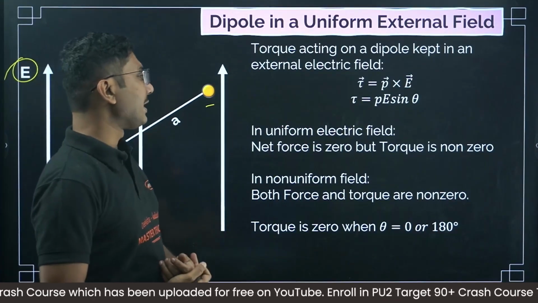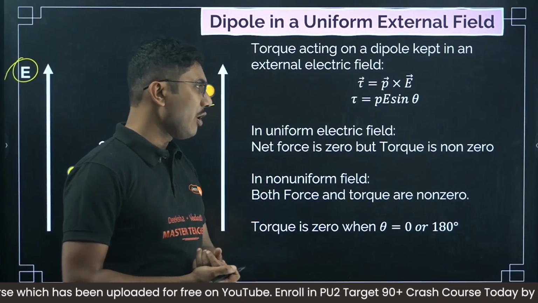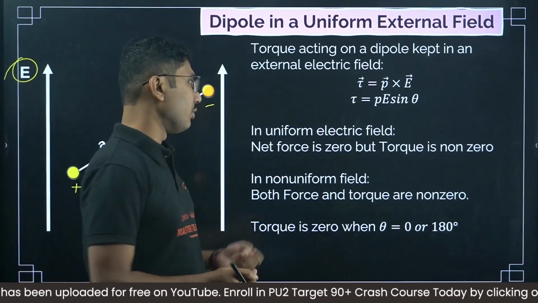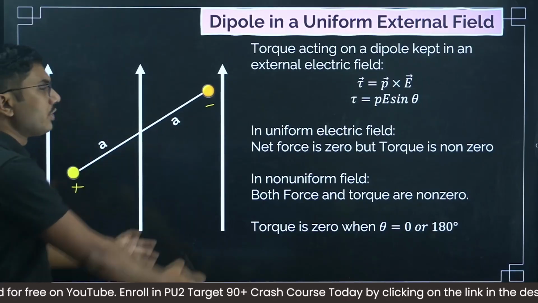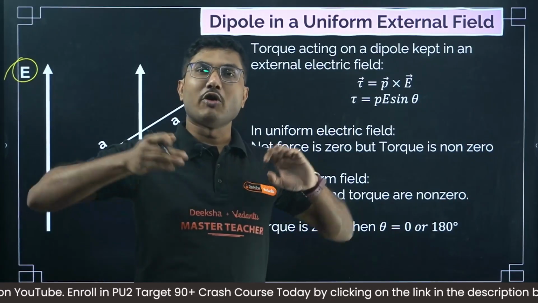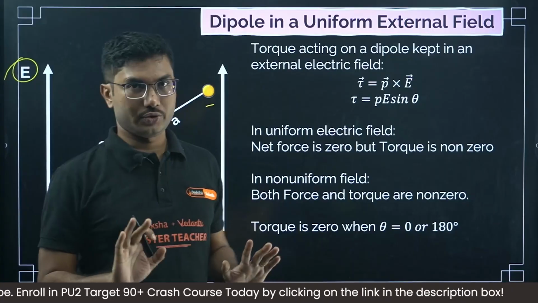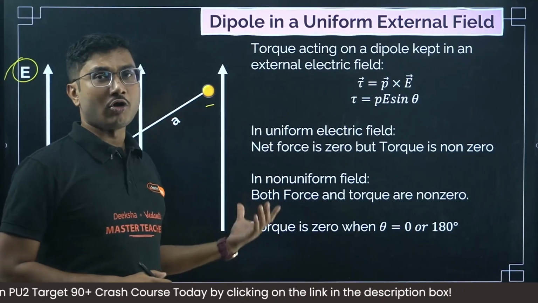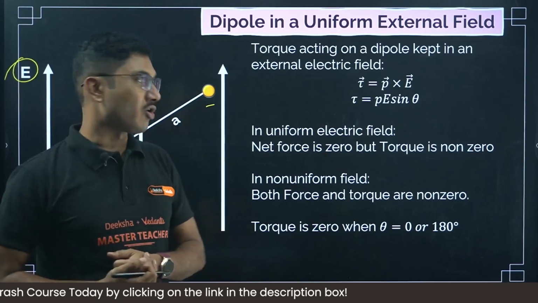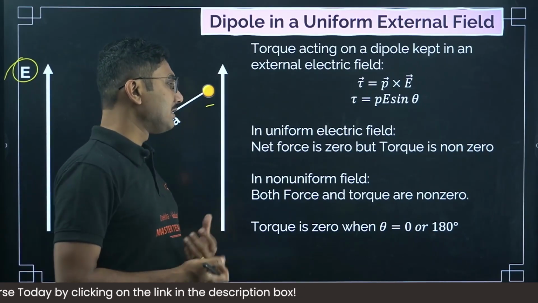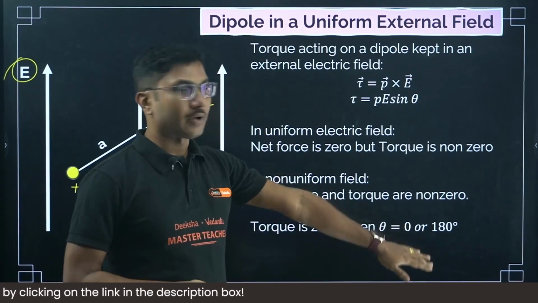In a uniform electric field, net force is 0, but torque is not 0. So if the electric field is uniform, that is constant throughout, then there will be only torque, no force. But if the electric field is not uniform, then both force and torque are non-zero. The torque is 0 when theta equals 0 or 180 degrees.